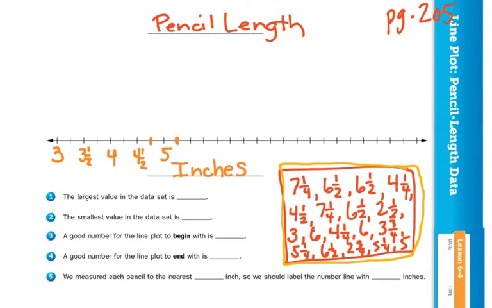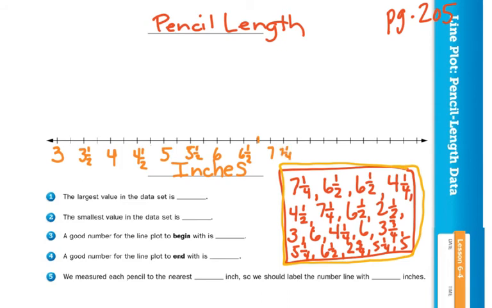This would be 5 1/4, 5 2/4, or 5 1/2, 5 3/4, 6. And I'm just going to get rid of these. I just want to show you those. Then the next one would be 6 1/4, 6 2/4, or 6 1/2. 6 3/4 would be this one, 7.